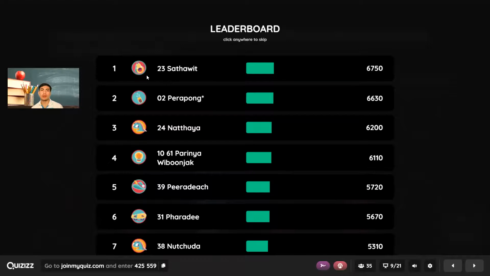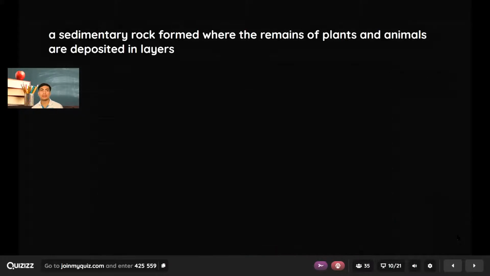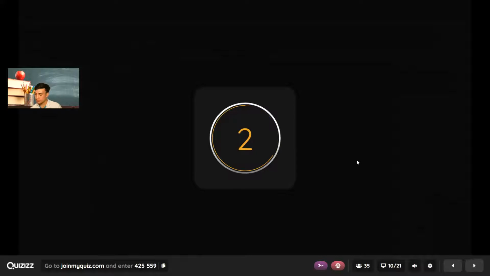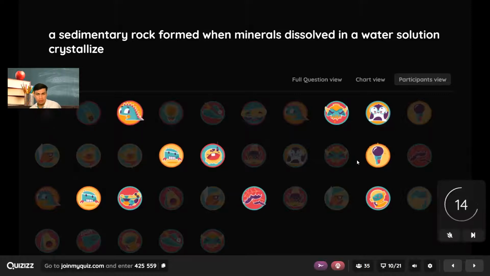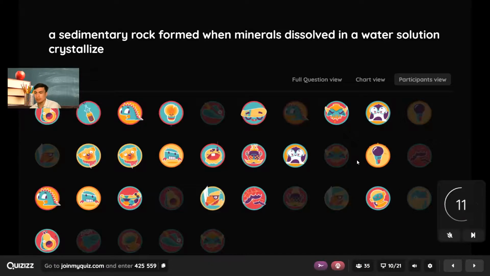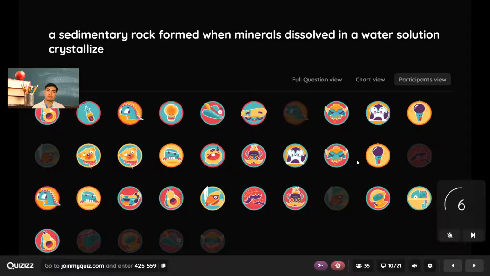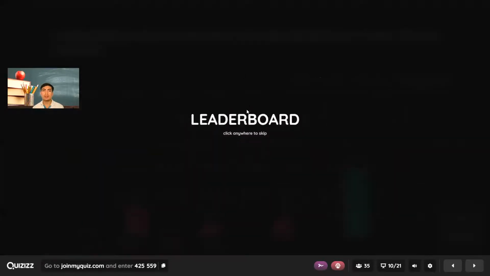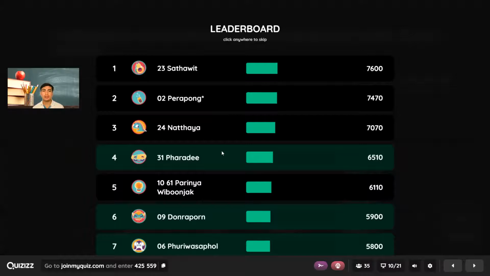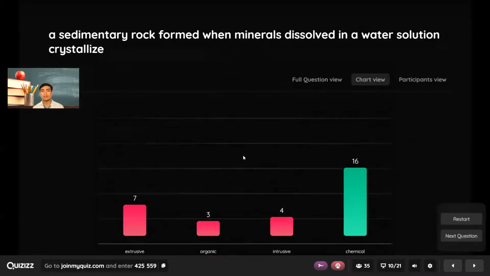Okay, so it is now Satawit who is leading. A sedimentary rock forms when minerals dissolved in water solution crystallize. Purama got it on time. Okay. Leaderboards, let's see. Are there any changes? Okay, Paradi now is number 4.